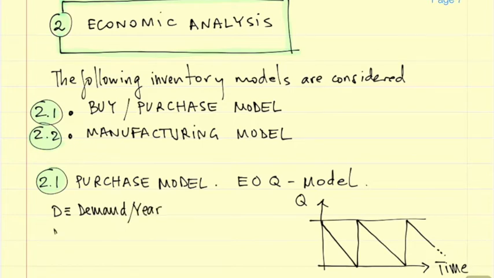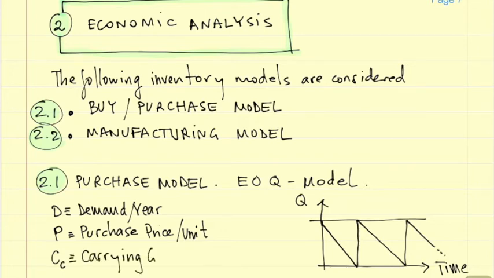P is the purchase price per unit. C sub C is the carrying cost per unit in year.